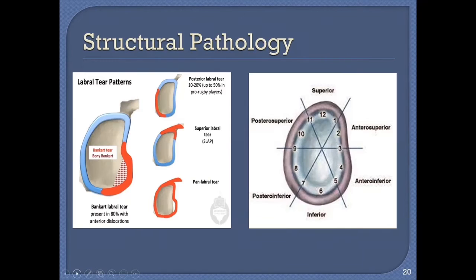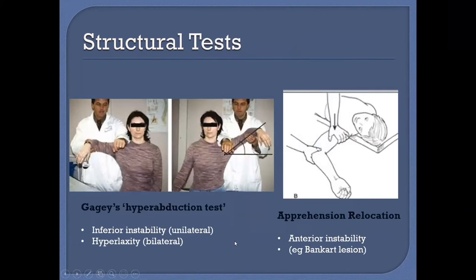And how we do this. There's a test called the Gage's hyperabduction test. This can be used both for laxity and for inferior stability, essentially if you get a bilateral positive. Normal shoulders are around 100 degrees of hyperabduction when you test passive hyperabduction.